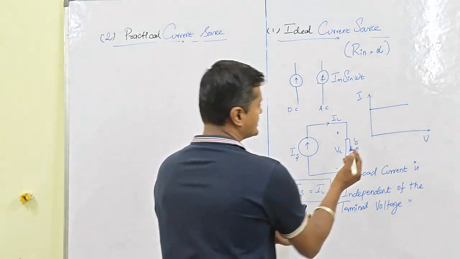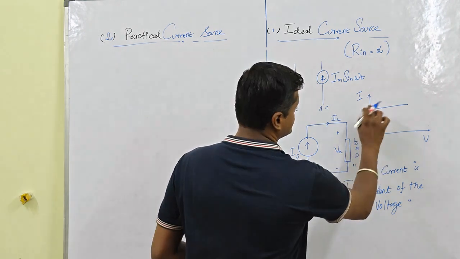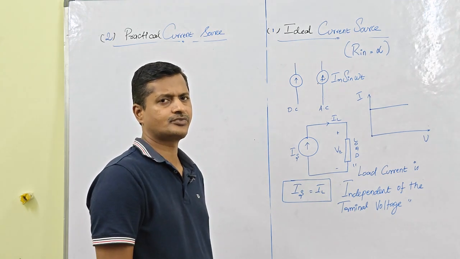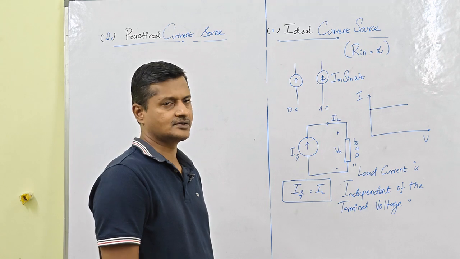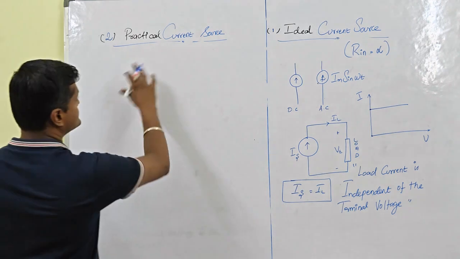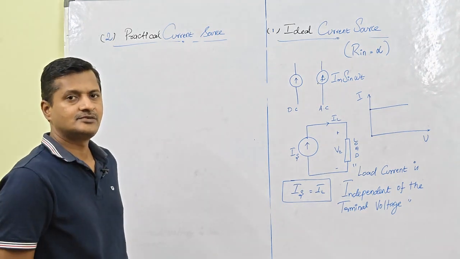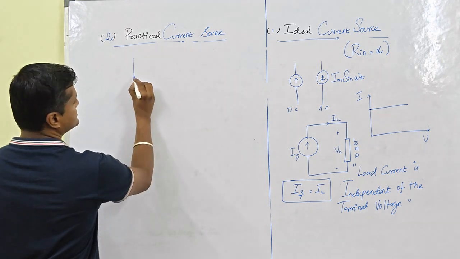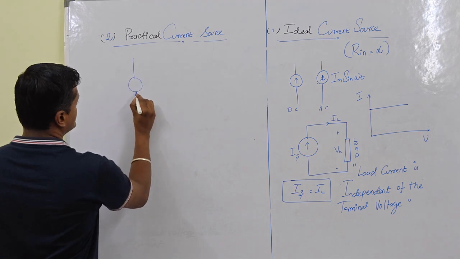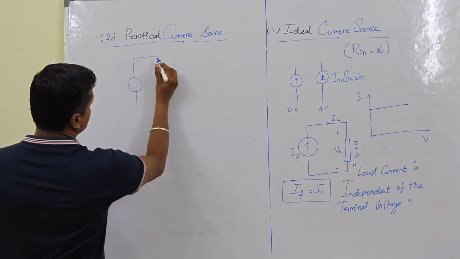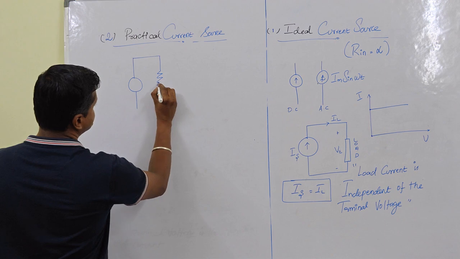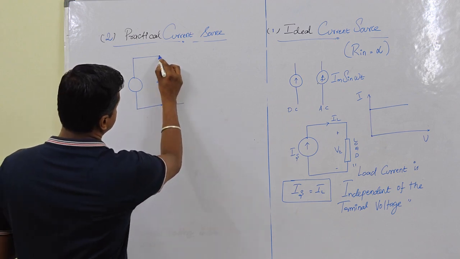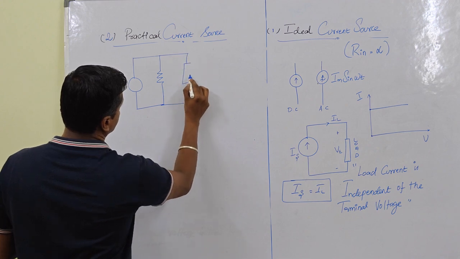This represents the ideal current source. Even if the voltage is 0, it will provide constant current to the load. What is a practical current source? In a practical current source we include the internal resistance. Drawing it, the current source is in parallel with a resistor and is connected to the load.